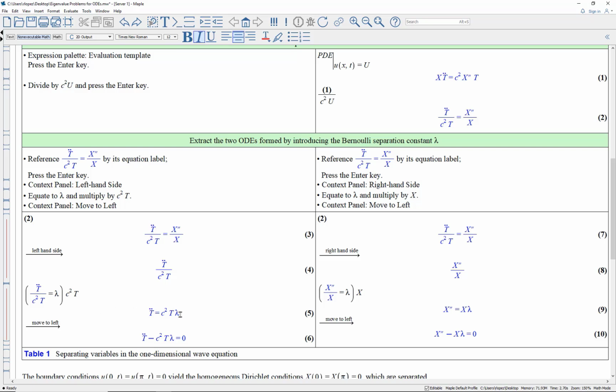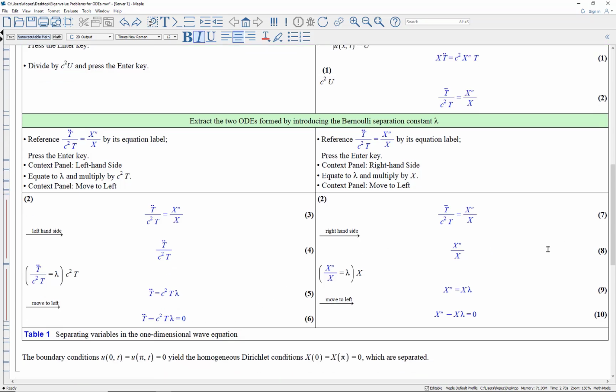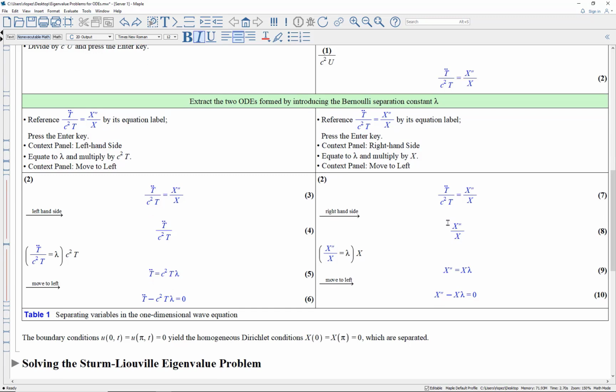Now if I take this and bring everything to the left side, I've got the t equation. Do the same thing for the x equation. Grab the right-hand side, set it equal to lambda, multiply through by x, bring everything over to the left, and now I have the x equation. This is the one that's going to give me the eigenvalues and eigenfunctions.